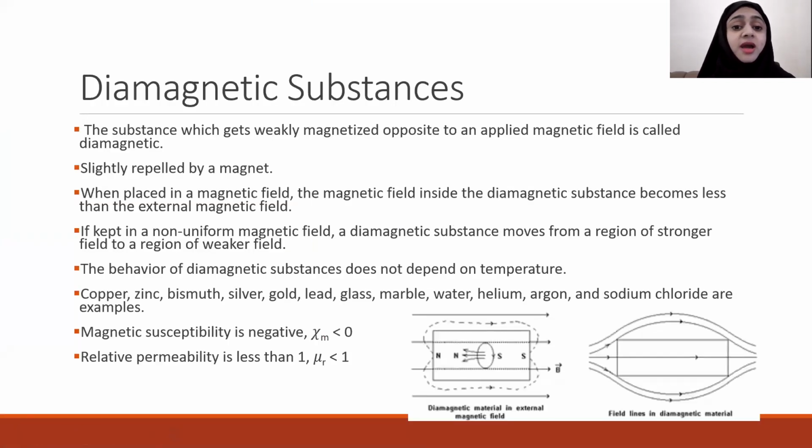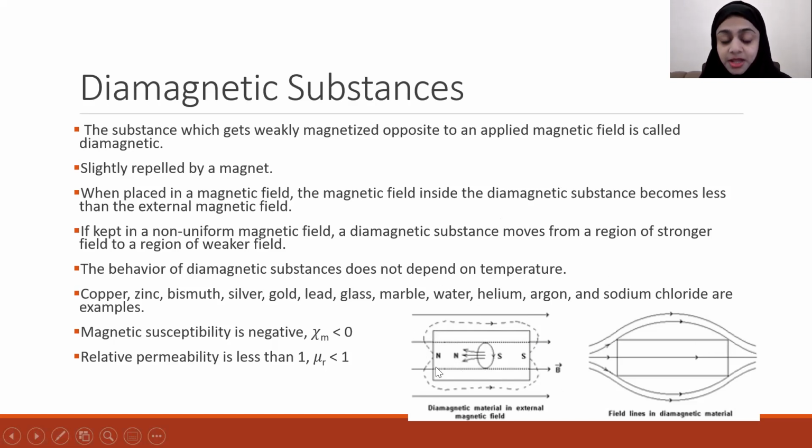So, diamagnetic substances. These are substances which get weakly magnetized opposite to an applied magnetic field, as you can see here. Here there is an applied magnetic field represented by B, and it is directed towards the right.